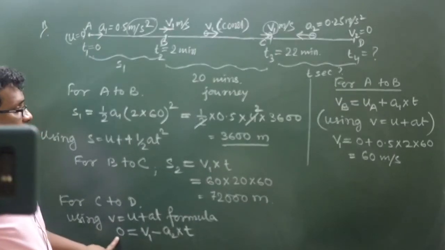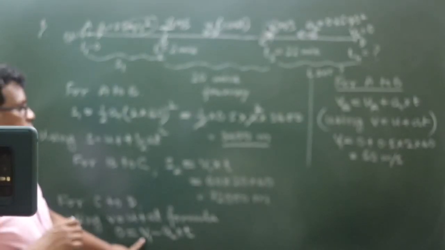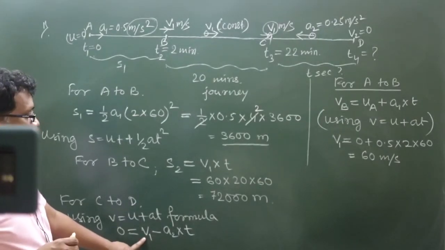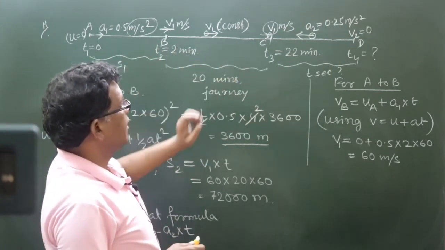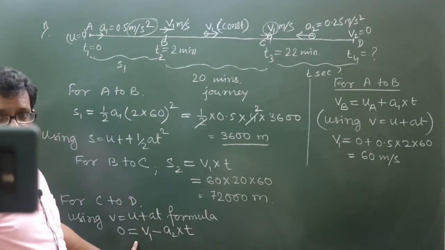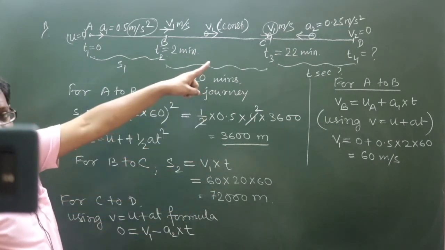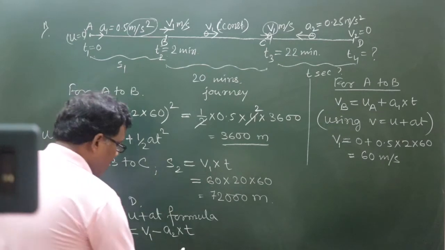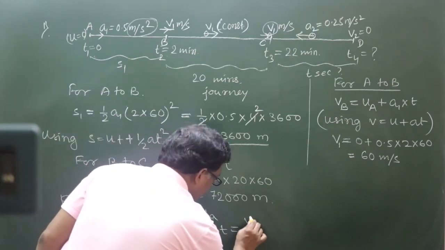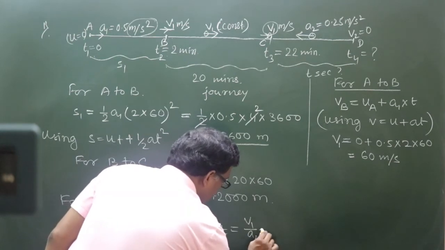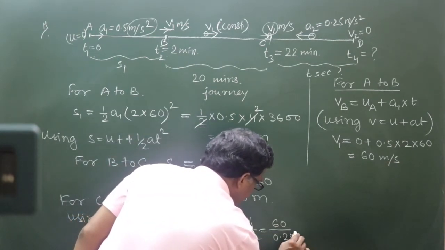Final velocity at D is 0; initial velocity at C, the journey we are talking about is C to D. So C being the initial point, its velocity is V1, which was the velocity during the journey from B to C. We know the value of V1 now, that was 60 meter per second. A2 is known to us and we can calculate T. So obviously T here will be V1 by A2. V1 is 60 and A2 is 0.25.